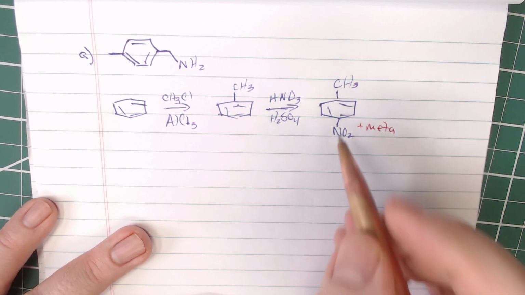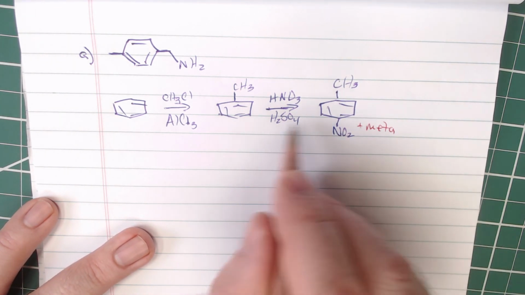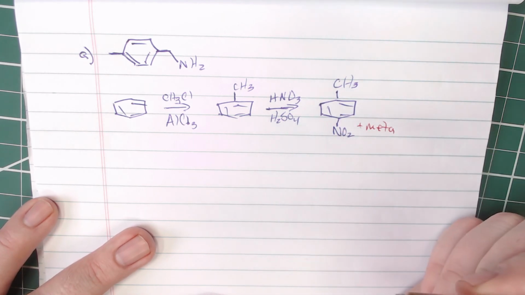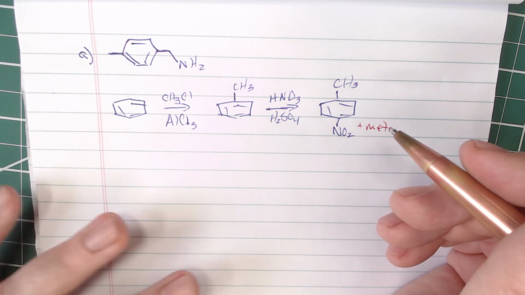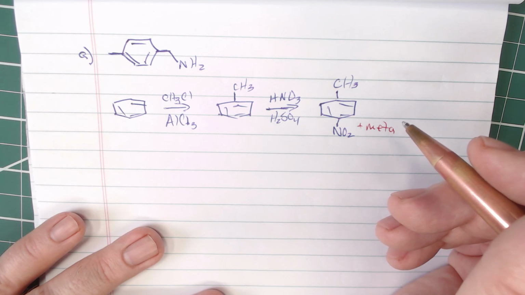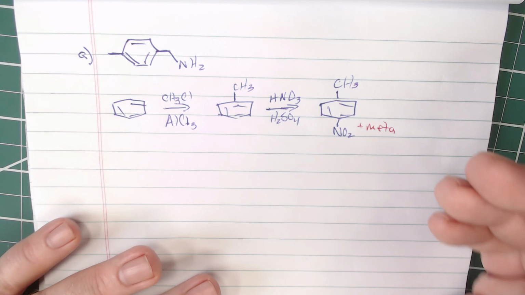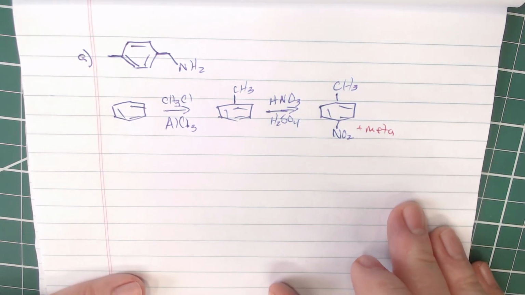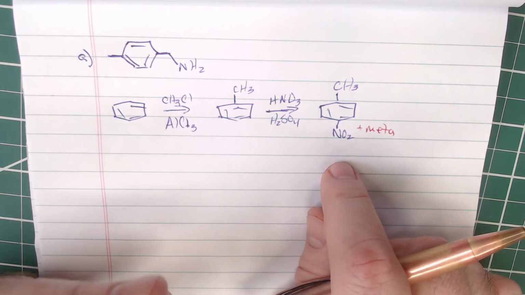I also mentioned that if you do this and you raise the temperature to high temperatures and you do this reaction multiple times, you can get trinitrotoluene, which is an explosive. You really, really have to know what you're doing, and you need very good personal protective equipment, and you need blast shields and things like that, because the product that you're making would be very explosive, and you're heating it up while you're making it.